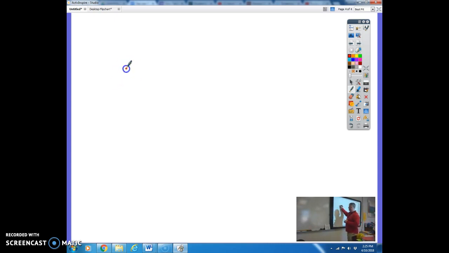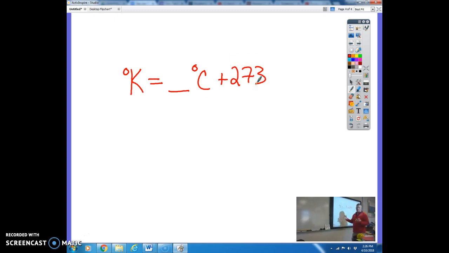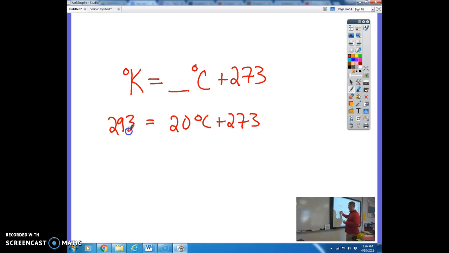Degrees Kelvin equals whatever degrees Celsius we have, and we add 273. So for example, if you had a temperature of 20 degrees Celsius, you add 273 to it, and the degrees Kelvin are 293 degrees Kelvin. The reason why is we can't work with negative numbers. We can't have negative volumes.